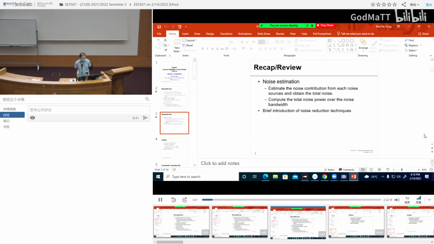Then we talk about how we do noise estimation or noise calculation. First, we need to find all the different noise sources. And then we need to compute the contribution at the output of all these different noise sources: 1, 2, 3, 4, 5, 6. What is the output noise power due to each of these? And how do we calculate output noise power?